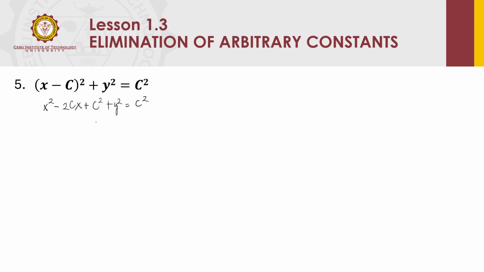So we can transform first the given relation before applying differentiation. We can now easily isolate the arbitrary constant since we have only one term and this is an algebraic expression. So we can just transfer the minus 2cx to the other side of the equation.